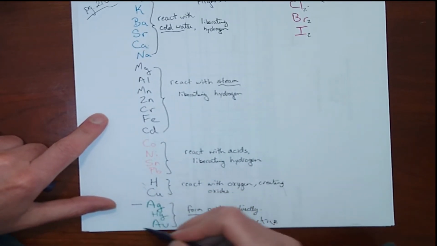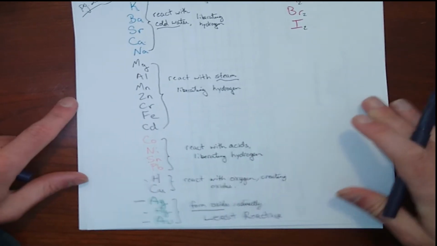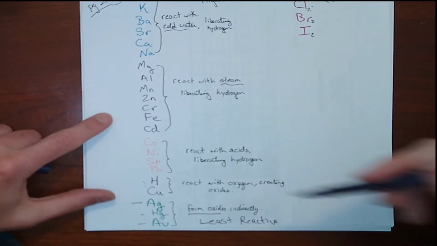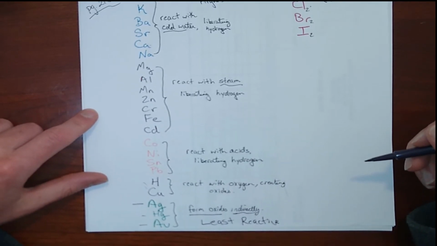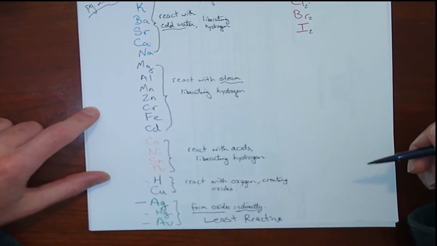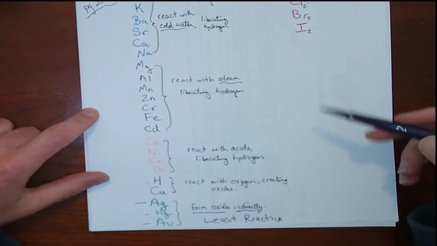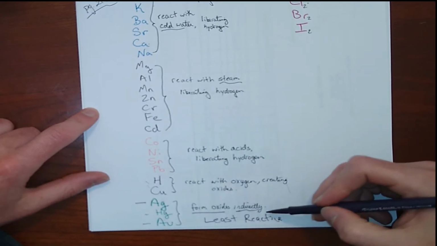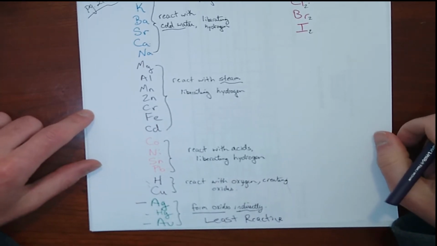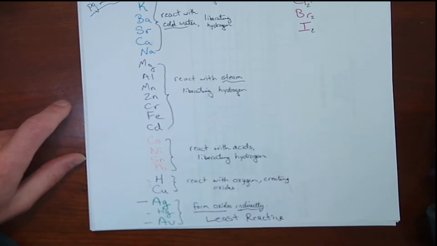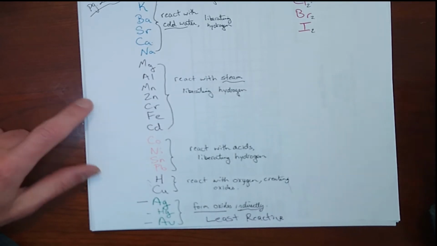Okay, so silver, gold, mercury. These will oxidize, they can, but it's indirect, and in other words, it doesn't require only the presence of oxygen to form an oxide from these in order to react. You need oxygen plus something else has to be going on. Okay, there's some other kind of energy condition or something that will allow that oxide to form.